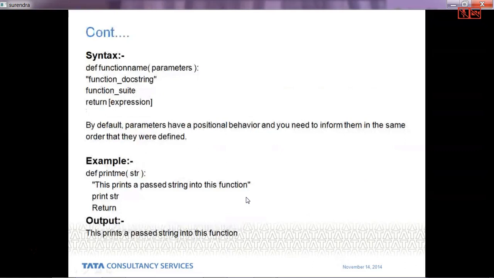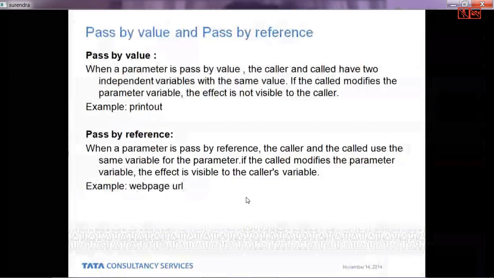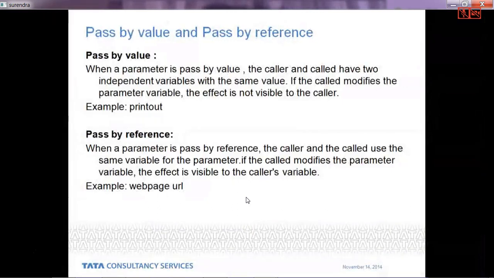Pass by value, pass by reference. We already gave the example for pass by value and pass by reference, right? Printout is a pass by value and web page URL is a pass by reference. We already said that pass by value means if the value in the called function gets changed, the calling function is not going to be affected.